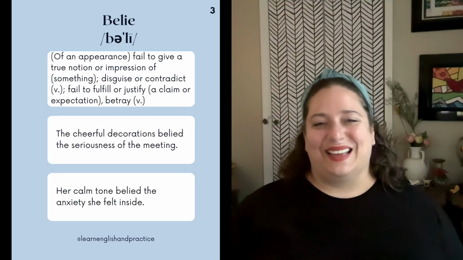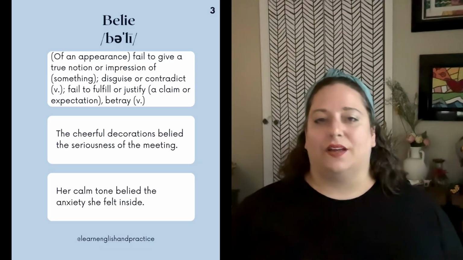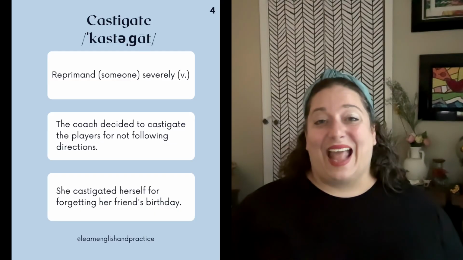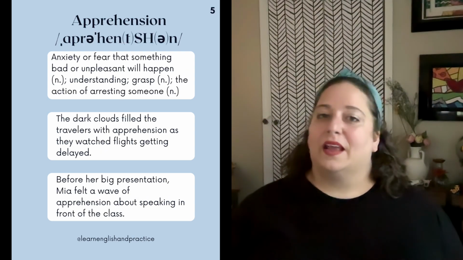Belie is to give an untrue impression, to disguise or contradict. Castigate is to severely reprimand.